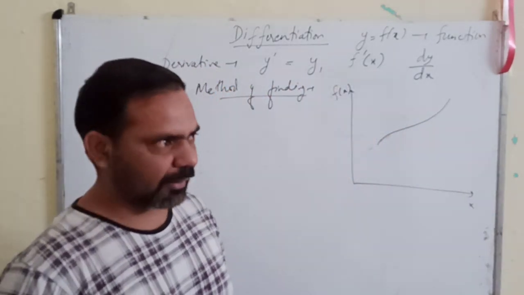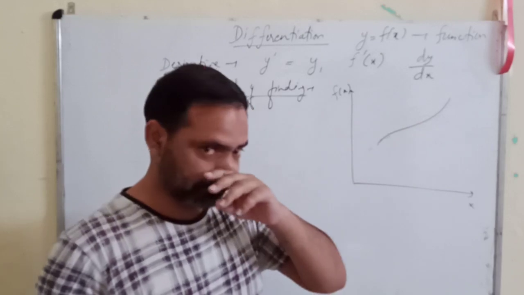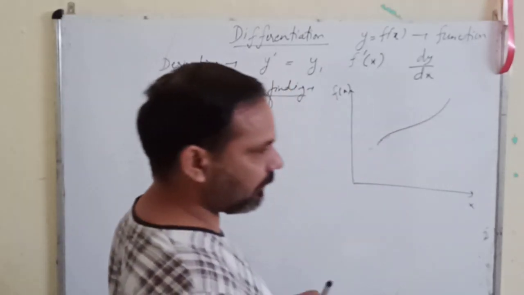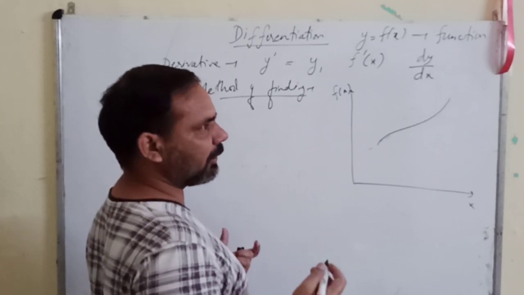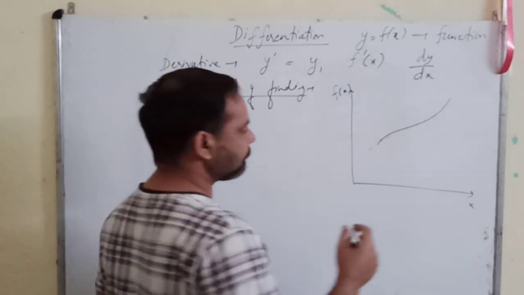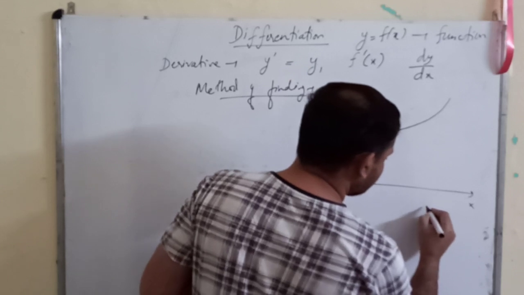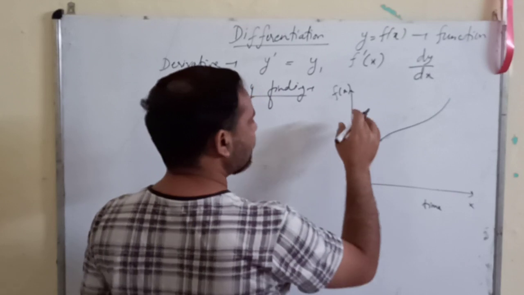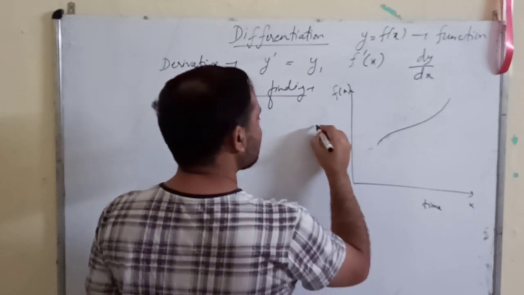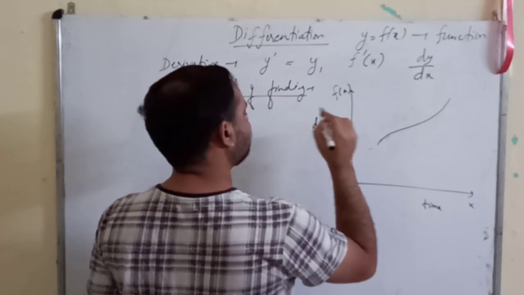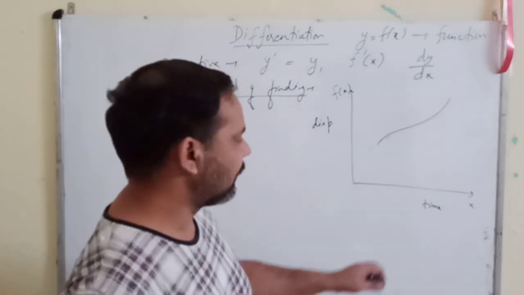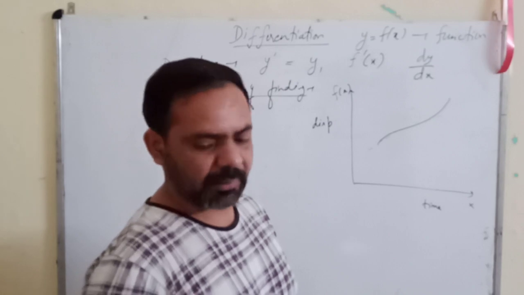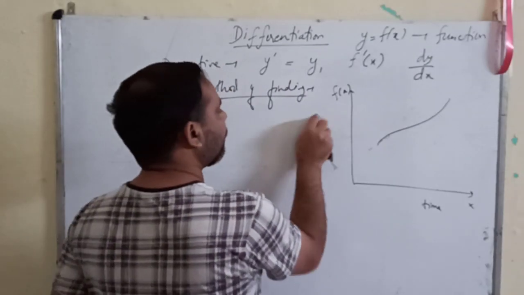You can see that the graph is not a straight line. Suppose we have a graph. I am giving you an example. This is your time axis and this is your displacement axis, or we can name it position.